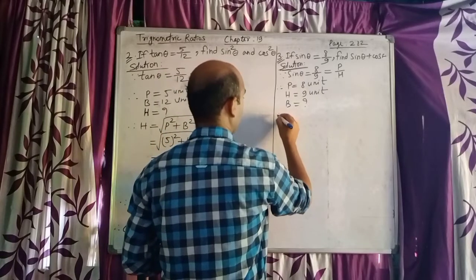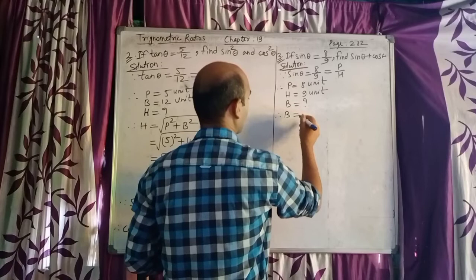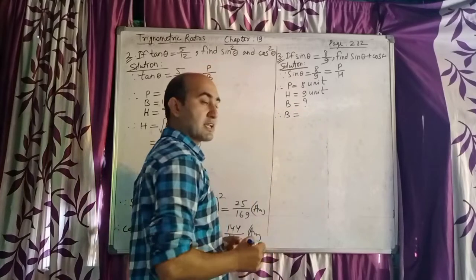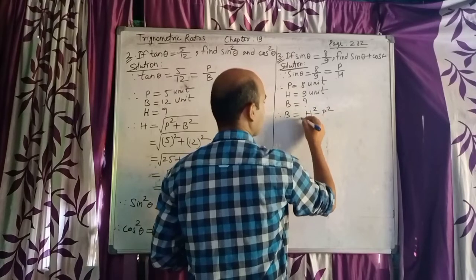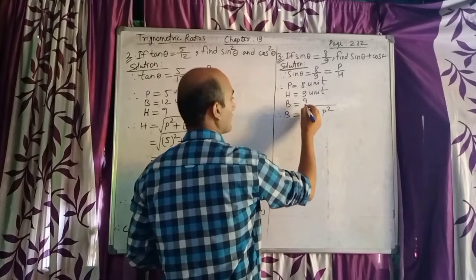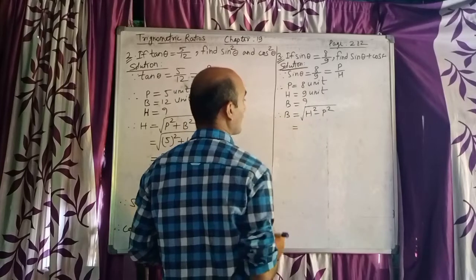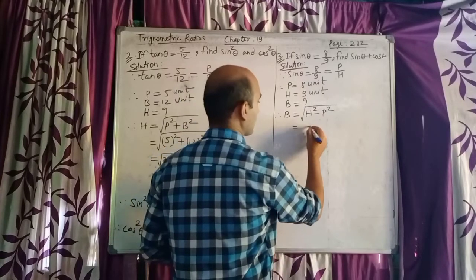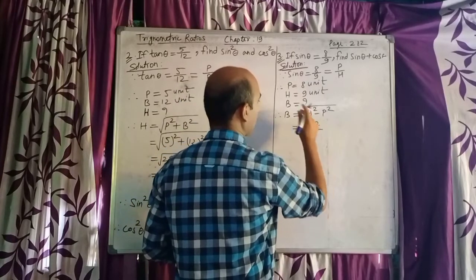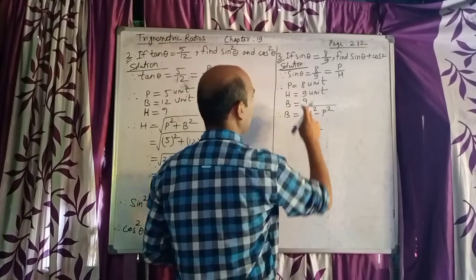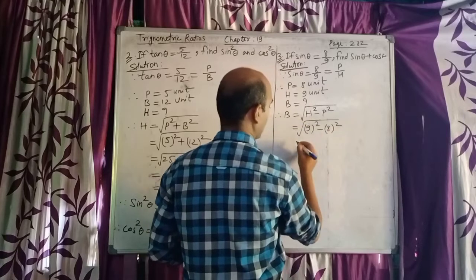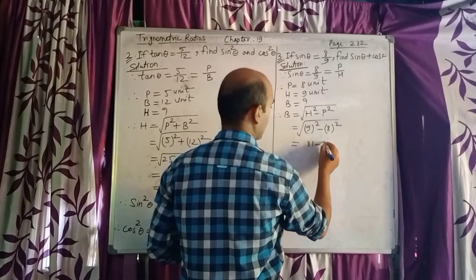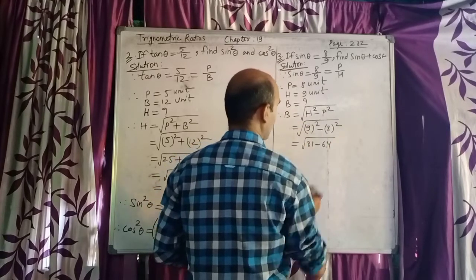As per Pythagoras theorem, the base formula we should know, that is square root of h square minus p square. So the base value we can find now. It is 9 square minus 8 square, where 9 is hypotenuse and 8 is perpendicular. 9 square is 81, 8 square is 64.